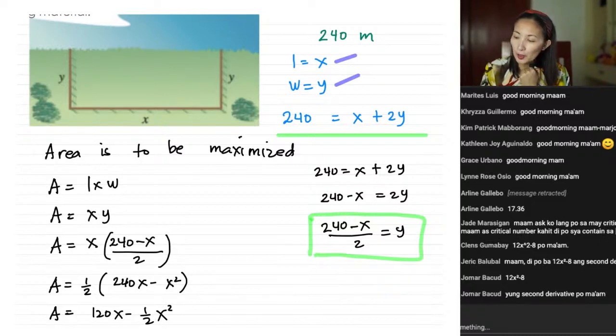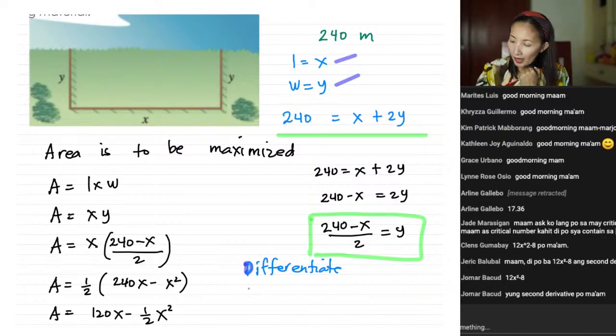So after expressing the quantity to be maximized in terms of one variable only, we now proceed to differentiating that quantity or formula or equation. We now differentiate. So we have expressed A in terms of x.